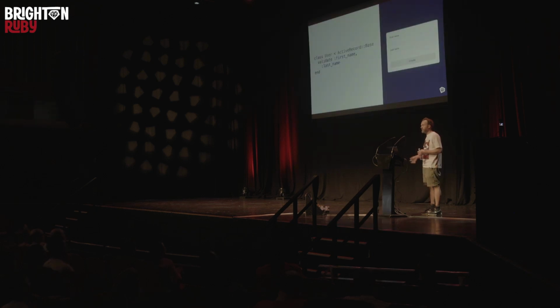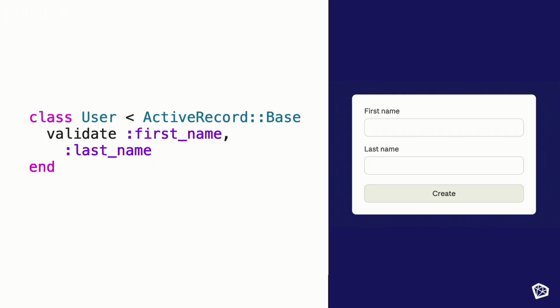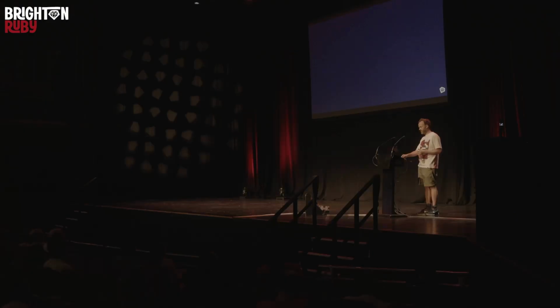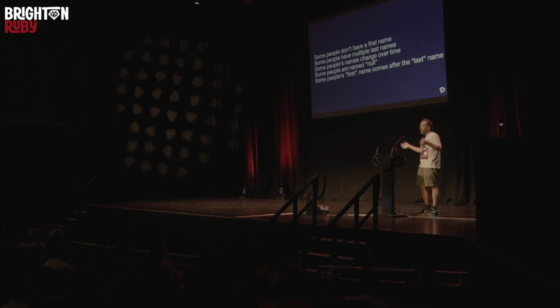There are many more things in software development, like validating a name in a Rails form. You think, okay, that's easy, but some people don't have a first name, have multiple names, names change. The whole concept of a first and last name is culturally dependent, so it might not apply.